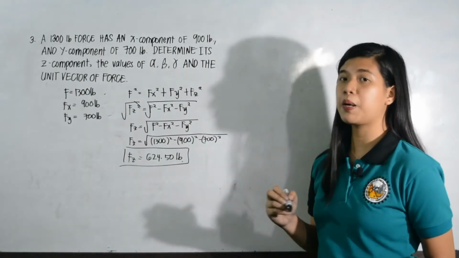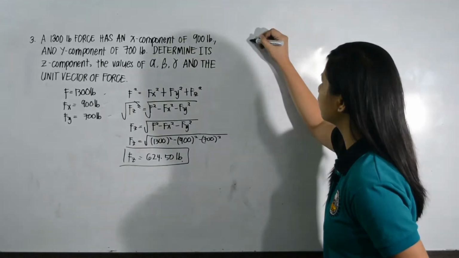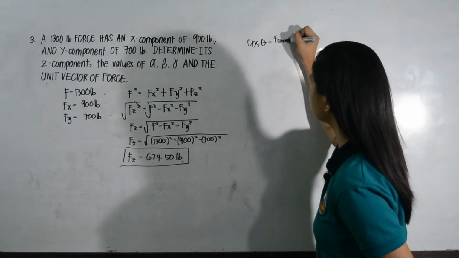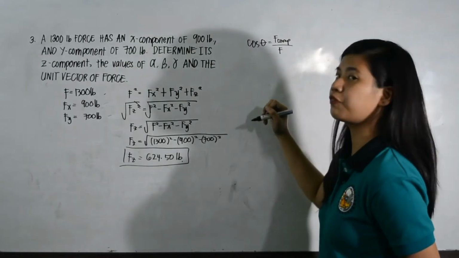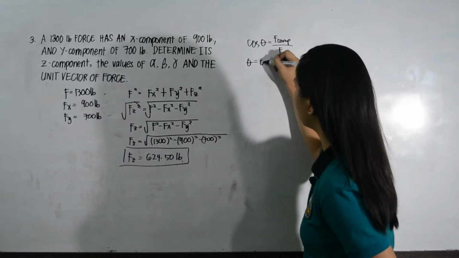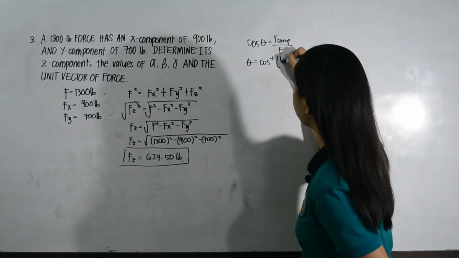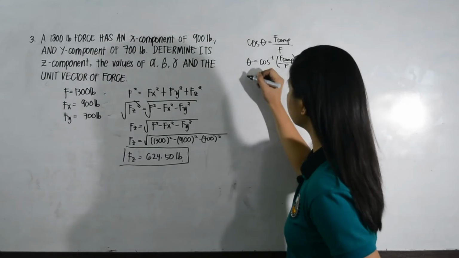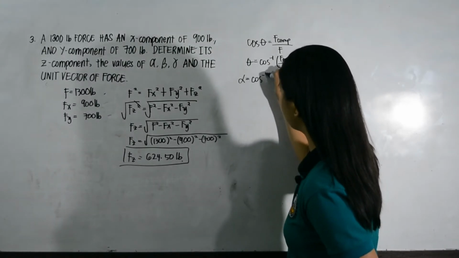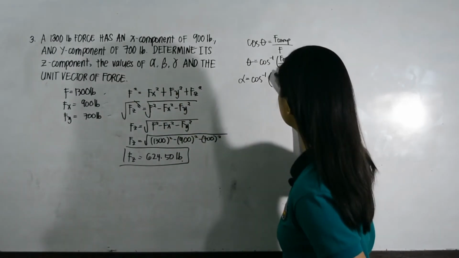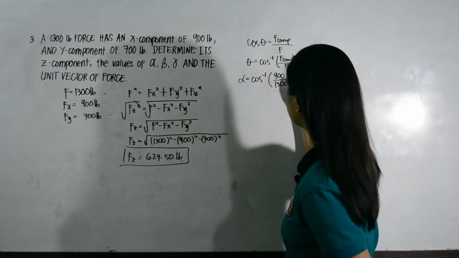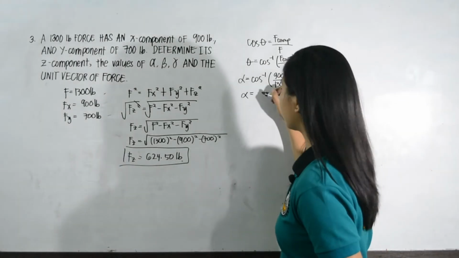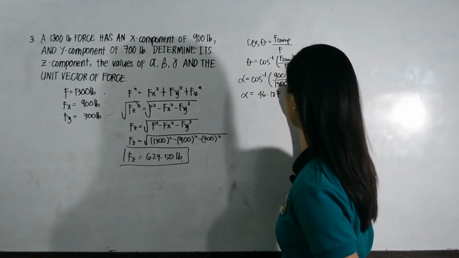In order to get the alpha, beta, gamma, we will be using this formula. So we have cosine theta is equal to F component over F. So for getting the angle, we have the arc cosine of F component over F. For our alpha, that will be arc cosine of Fx, which is 900, over 1,300. And that will give us the answer of 46.187 degrees.